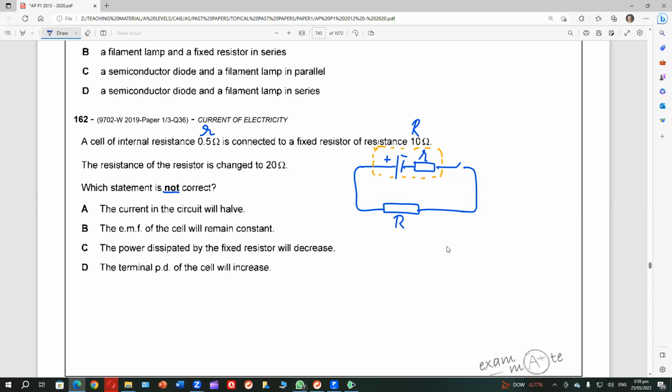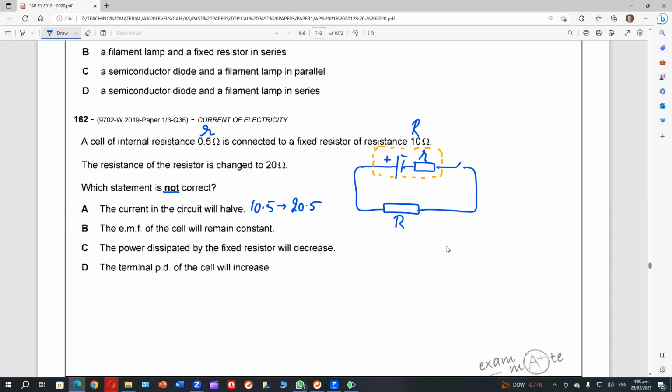The total resistance is not actually double. 10 plus 0.5 is the initial resistance, 10.5, which changes to 20.5. So resistance is not doubled, and the current won't be half.